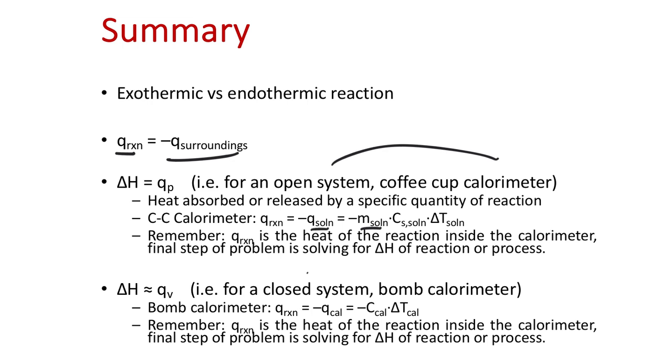The Q reaction we first calculate is for the heat inside the specific calorimeter that we were told about and given data for. We then have to relate that into heat per gram or heat per mole or for a balanced reaction. And then we didn't talk too much about the bomb calorimetry examples, but our Q cal here was our surroundings, so negative C cal times delta T.